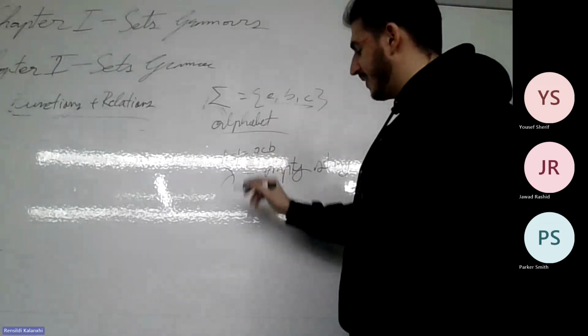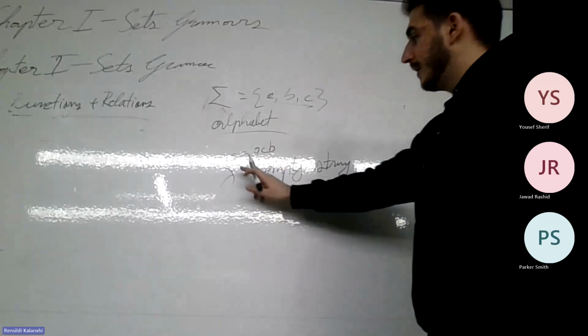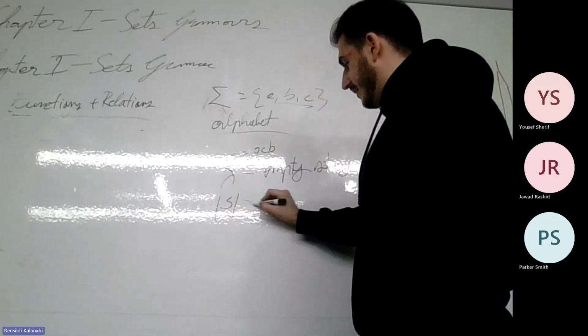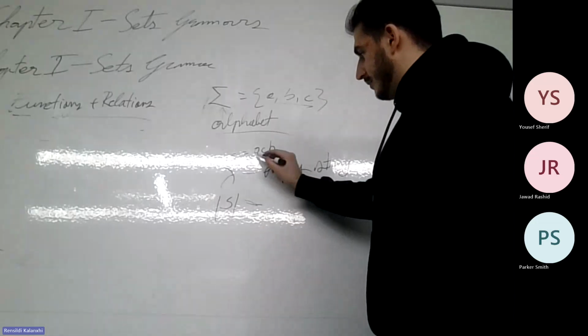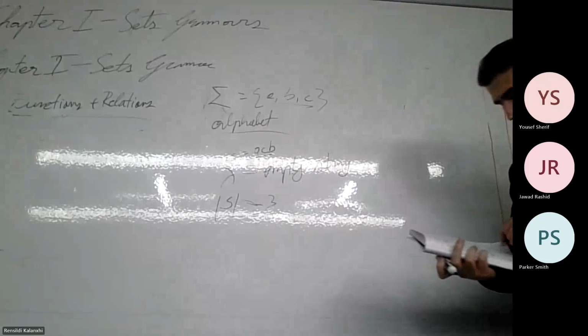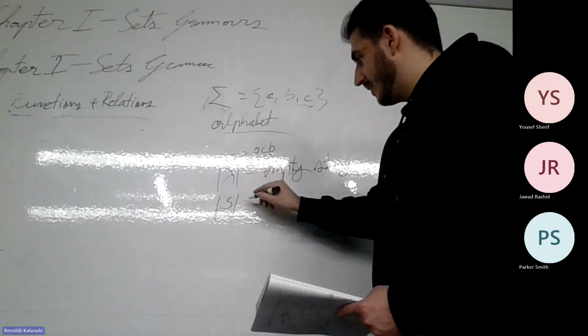So if we take little s, for example, the length of s, for this example, is ACB, which will be 3. The length of the lambda, by the way, is 0.